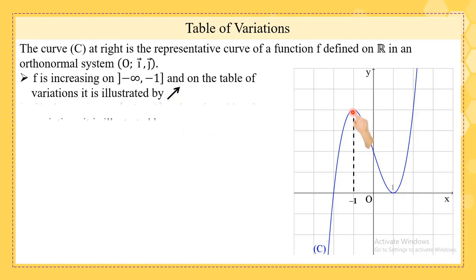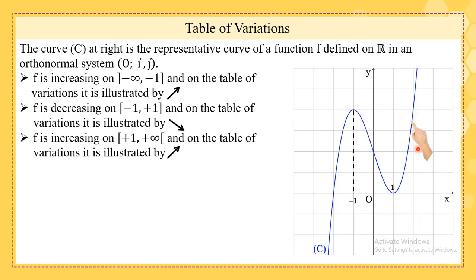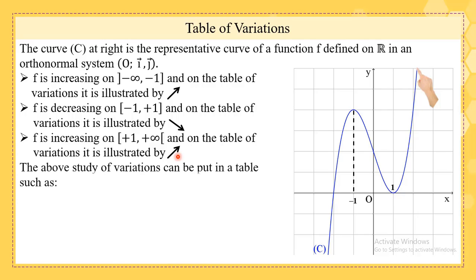And f is strictly decreasing on the interval [-1, 1], so on the table of variations, it's illustrated by an arrow that is moving downward. And finally, f is increasing on [1, +infinity[, and on the table of variations, it's illustrated by an arrow that is moving upward. Now, how to draw the table of variations?